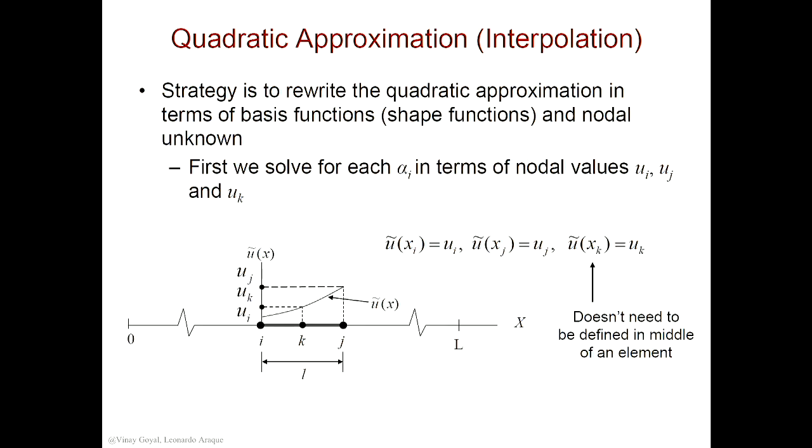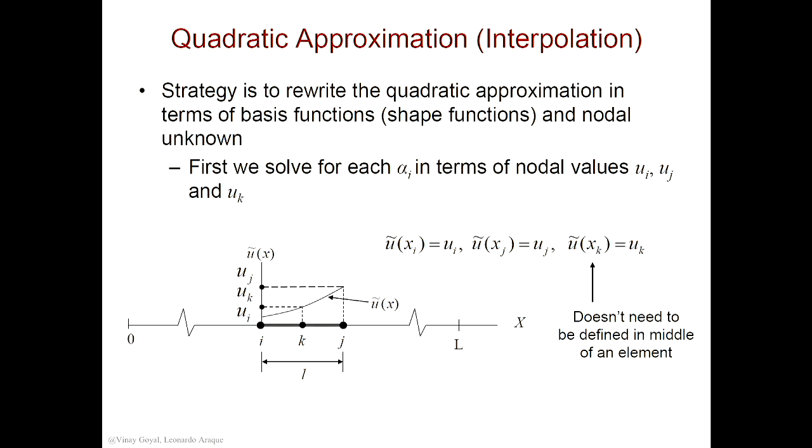These unknown coefficients have no physical meaning, and I need to connect to other adjacent elements. So I'll take my quadratic polynomial and evaluate it at xi to get the value for the displacement there, which I'll call ui.